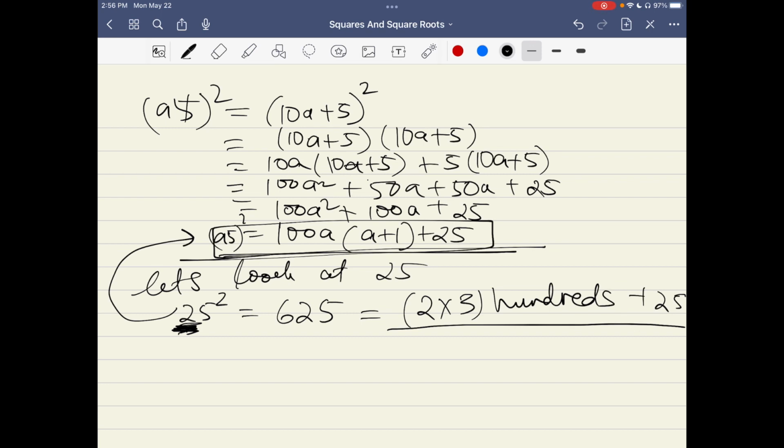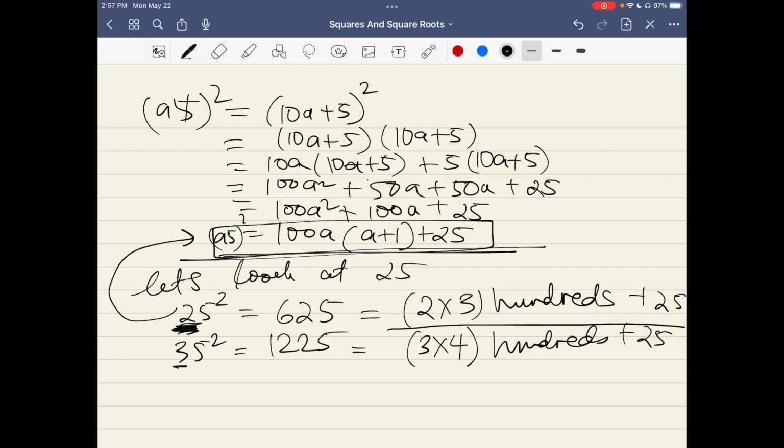So now let's look at 35 squared. What would be 35 squared? We'll write that down later. But in this case, our a is 3. So it will be 3 times (a plus 1) which is 4 hundreds plus 25, which will be 12 hundreds plus 25, right? So 1200 plus 25 is 1225. Now let's look at 45 squared. What will that be?